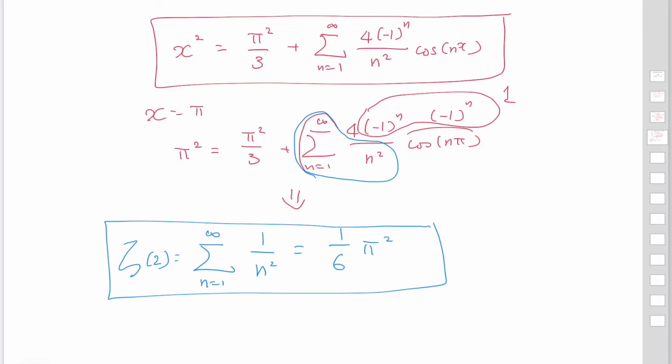Okay, then I'd like to explain zeta 4. To find zeta 4, we consider f(x) equal x to the 4th. Then you can use the same type of calculation. First, a sub 0 is 1 over pi, integral from minus pi to pi of x to the 4th dx. This becomes 2 over 5 pi to the 4th.